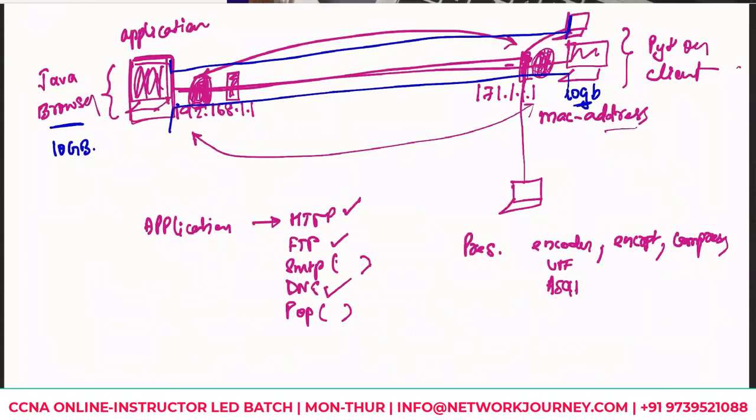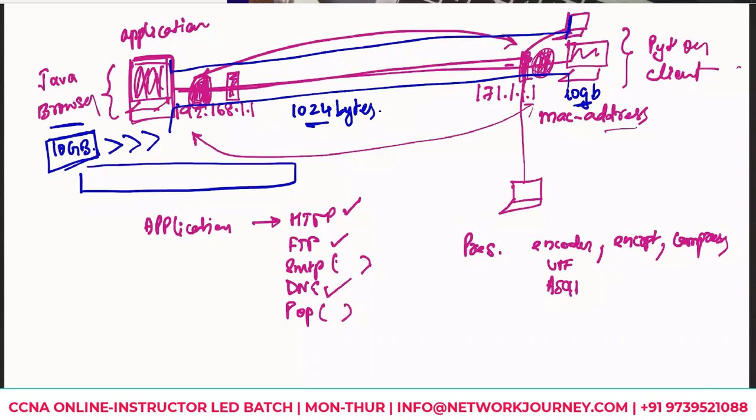Let's say you have a path which can support 1024 bytes, but you are actually transmitting 10 GB, which is way beyond this small unit. Now, if this is the 10 GB of data, it gets broken into various chunks, very small pieces.